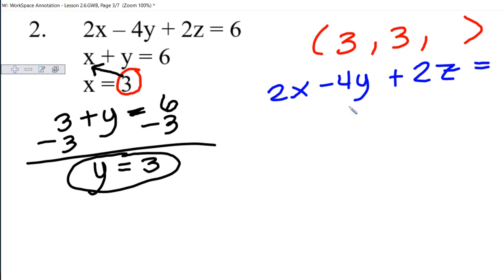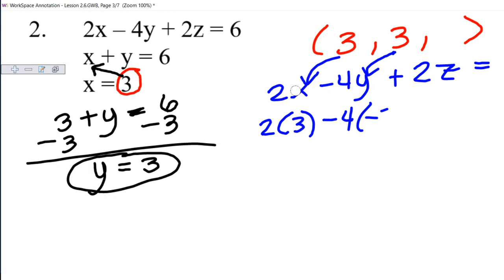Now substitute in our values. So this 3 needs to go right here. What's 2 times 3? 6. And this 3 needs to go right here for y. So that's going to be negative 4 times positive 3. Then bring down the plus 2z equals 6.